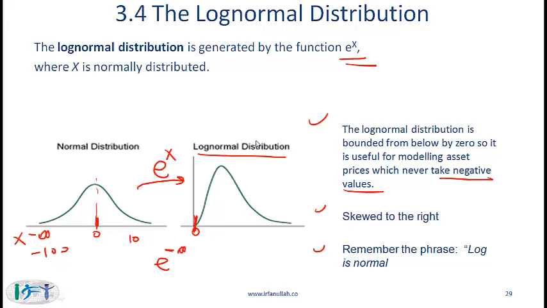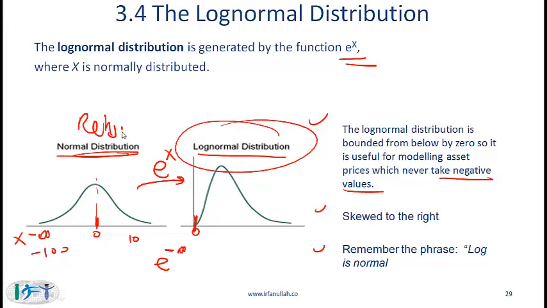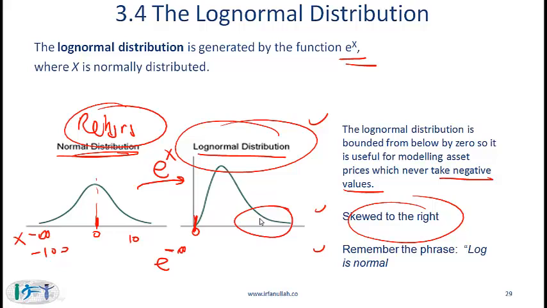Therefore, it makes more sense to use a log normal distribution versus a normal distribution which can take on negative values. When you are modeling returns, returns can be negative, so it is okay to use a normal distribution to model returns. Clearly, the log normal distribution is skewed to the right, so you see a fatter tail over here.